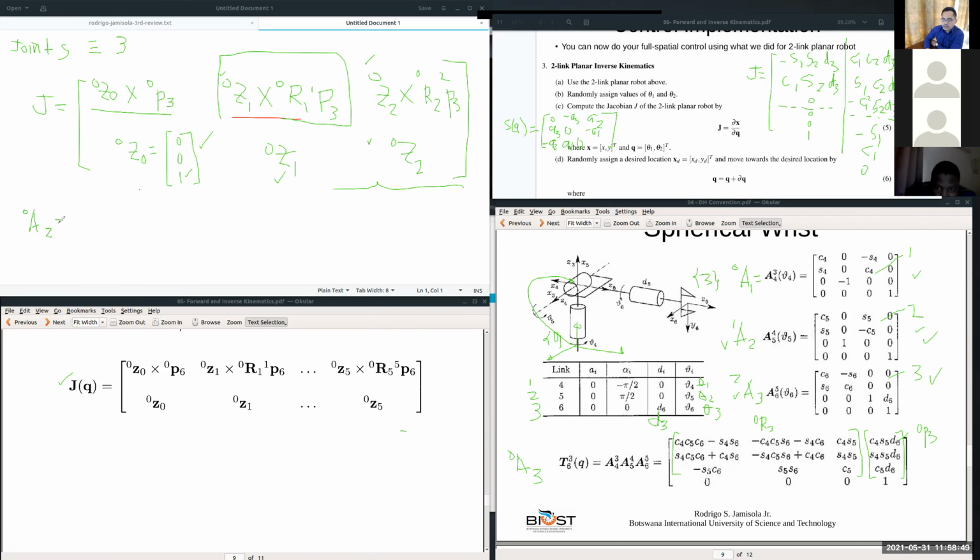We know that this is 0R2 and 0P2 and 0 and 1. So what is 0R2? This one, 0A1 times 1A2.